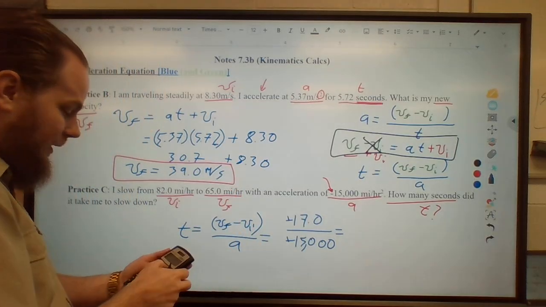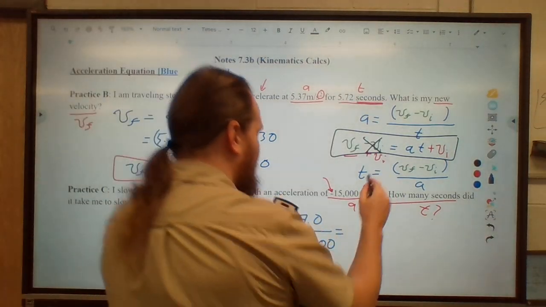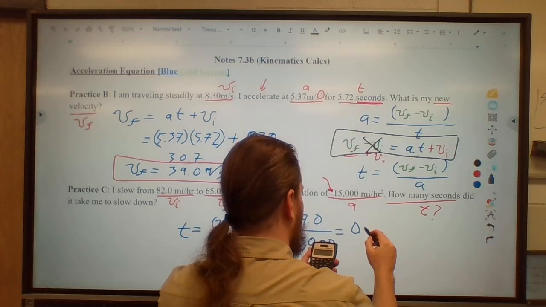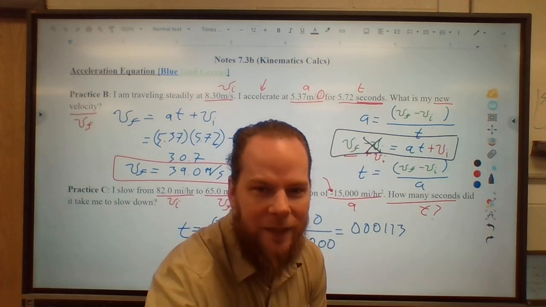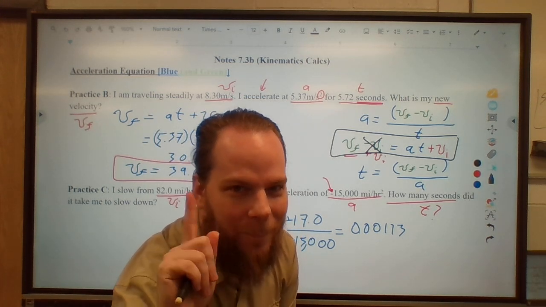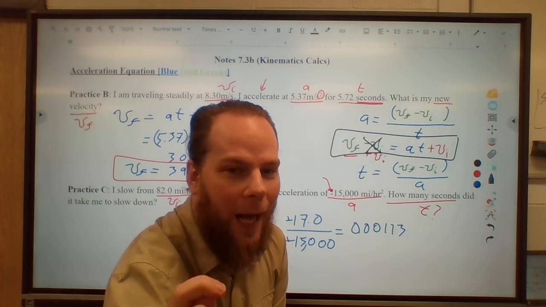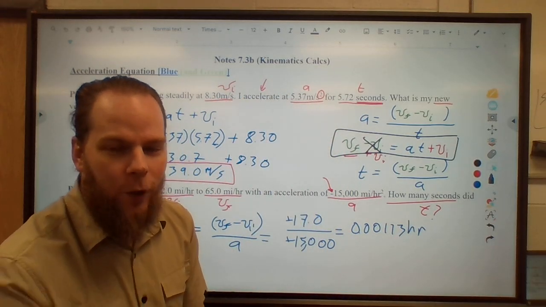Okay, so 17 divided by 15,000. That is going to give us 0.00113. What are the units? The units are hours. This is how many hours you're going to be decelerating. What does it ask for?